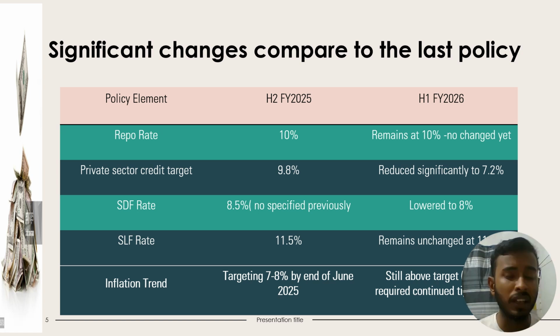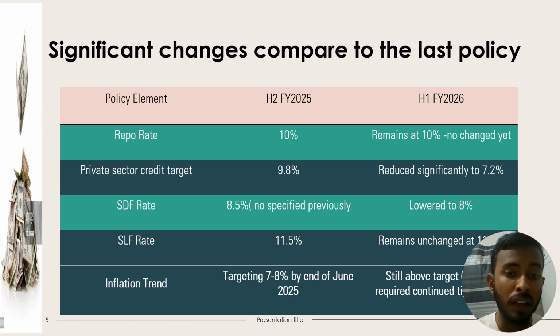The third is the SDF rate. The SDF rate in FY 2025 was 8.5%. No specific change previously, but in FY 2026 it is lowered to 8%. And the fourth is the SLF rate.